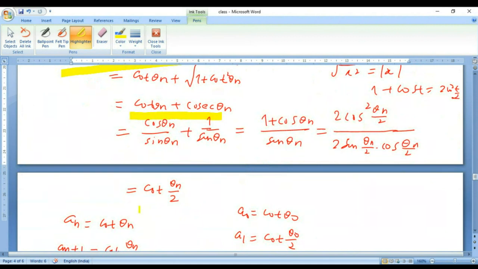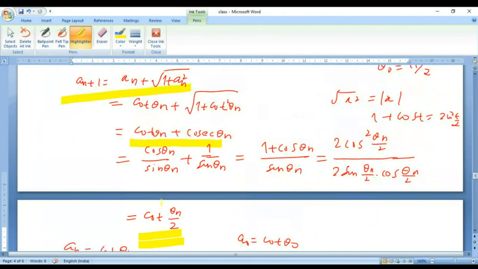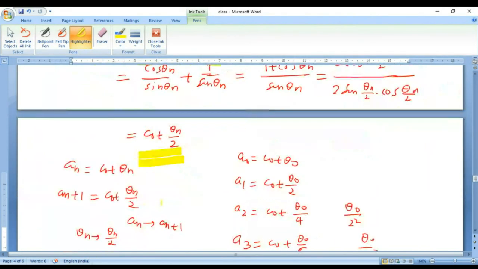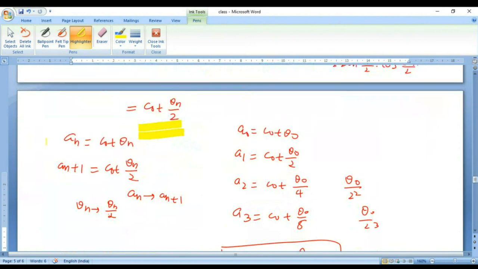Meaning we got an is cot theta n, an plus 1 is cot of theta n over 2. That means that if you pass from n to n plus 1, then theta n goes from theta n to theta n over 2, meaning it is halved at each stage. So let's start with a naught.